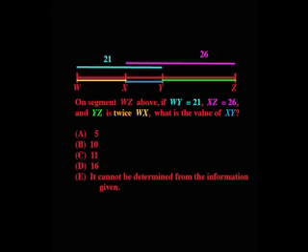Of course, most people used algebra to solve this problem, so we can make up 2 equations. We know that WY equals 21 and XZ equals 26, but those lines are actually broken up into line segments, so that we know that WY equals WX plus XY, and that equals 21, and XZ actually equals XY plus YZ, and that equals 26.